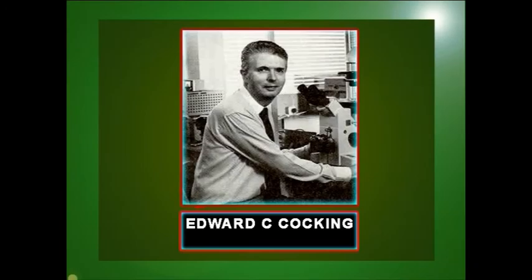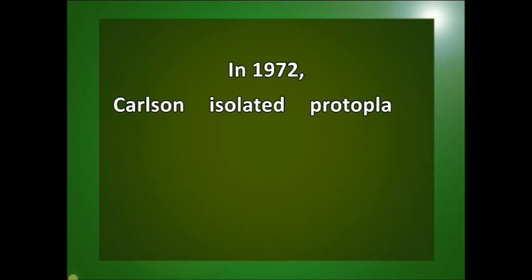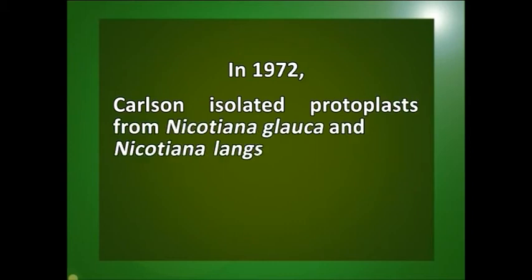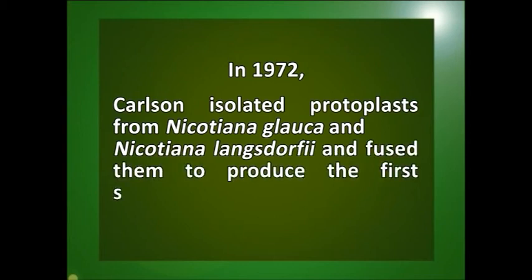Next breakthrough in application of tissue culture came with isolation and regeneration of protoplasts, first demonstrated by Cocking in 1960. Then, in 1972, Carlson isolated protoplasts from Nicotiana glauca and Nicotiana langsdorffii and fused them to produce the first somatic hybrid.